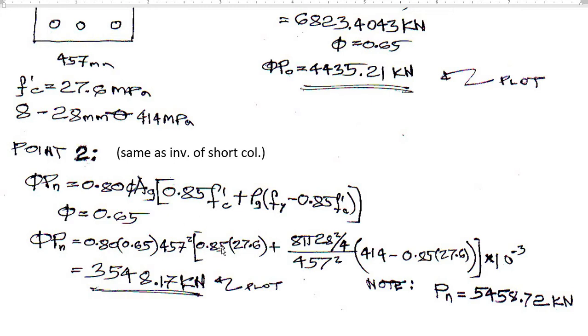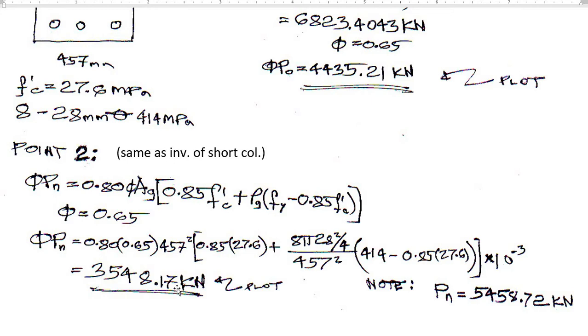So, ito yung kanyang solution. 0.8 times P times area gross times the quantity 0.85 F prime C plus rho G. Ito yung area of steel, 8 pieces times pi diameter of bar square all over 4 divided by 457 squared. Okay, so dinivide ko siya ng 1,000 para maging kilonewton.